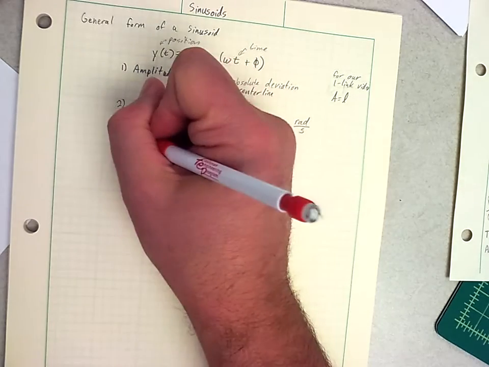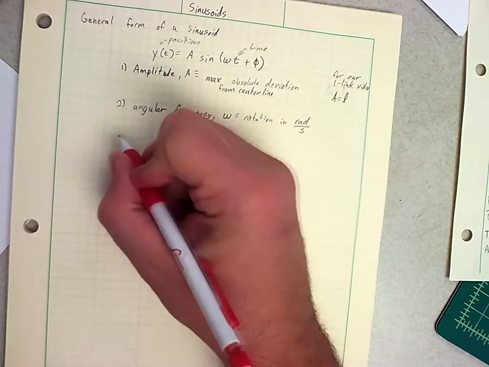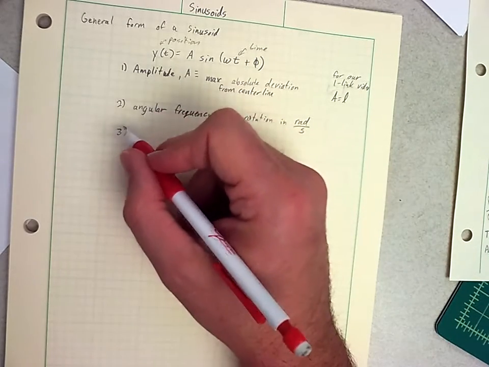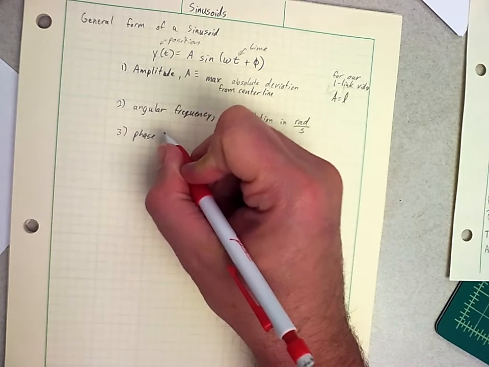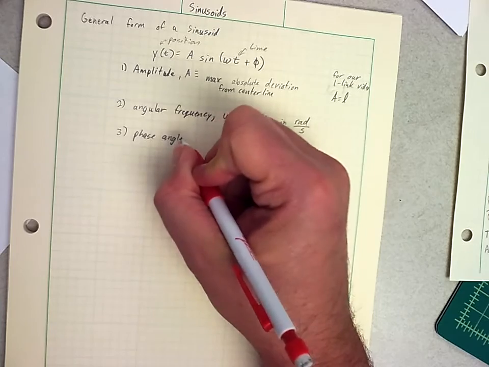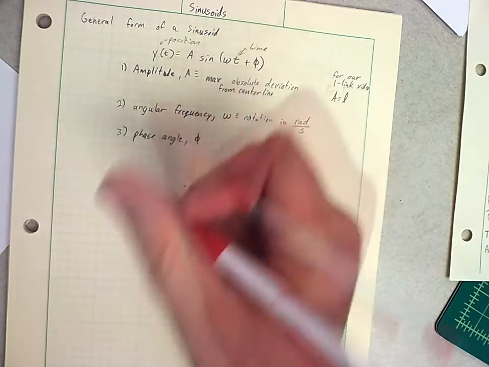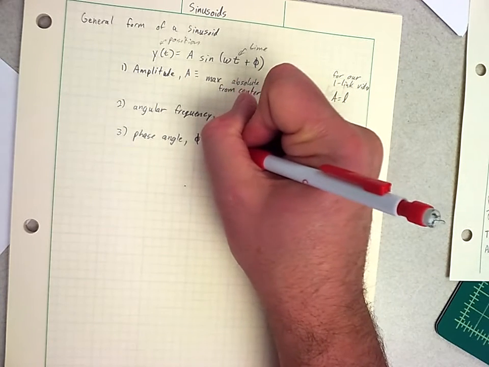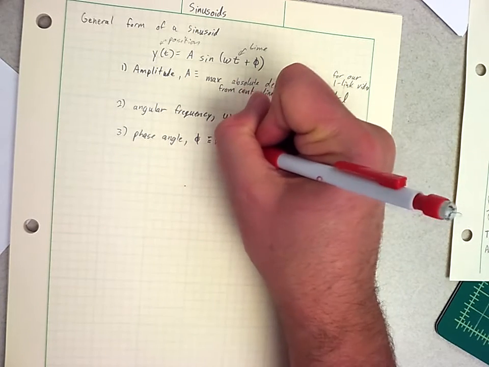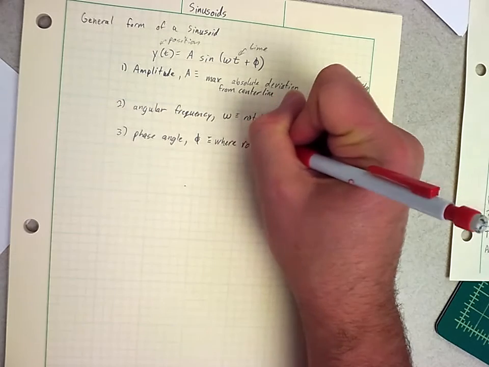And then the third is our phase angle. Phi, which is where rotation begins.